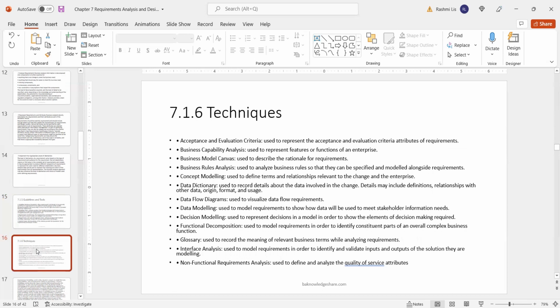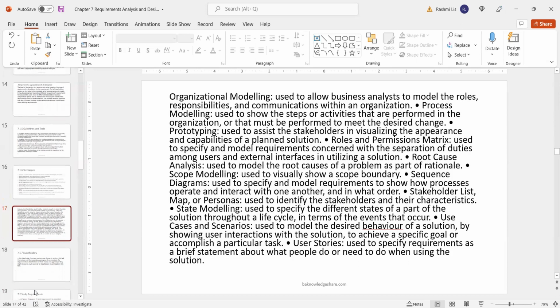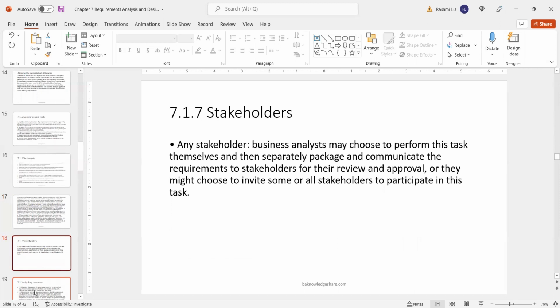She builds a glossary as well, just so that there's clarity in how they're going to do the work. In this case, she is doing the work on her own, but she pulls in the business SME as well as maybe the implementation SME to understand a little bit more of the technical design, as well as validate a couple of things as she's mapping out, specifying, and modeling requirements.